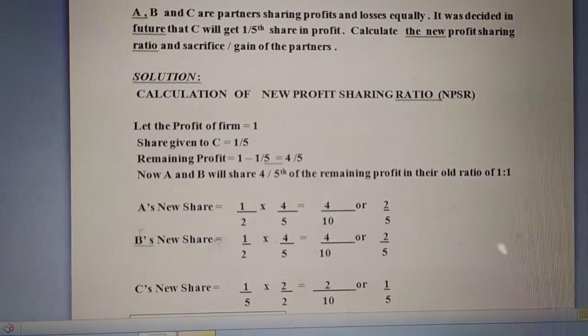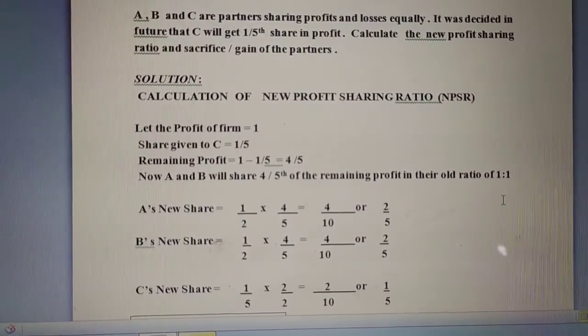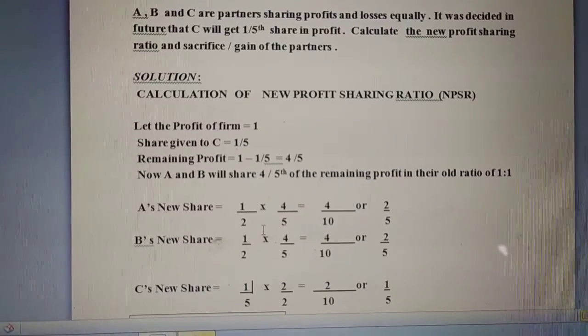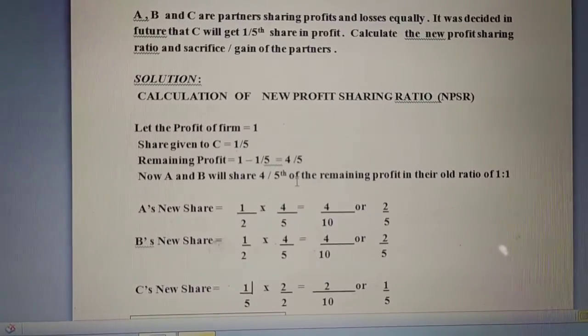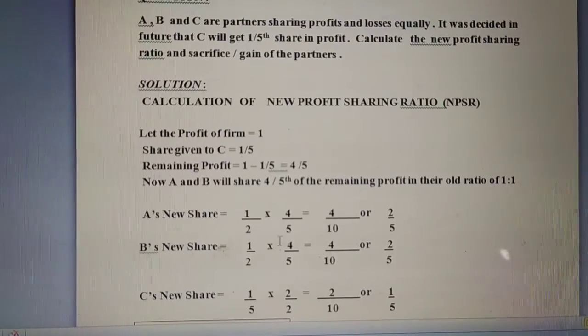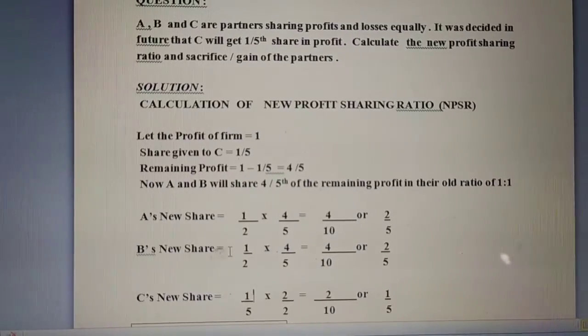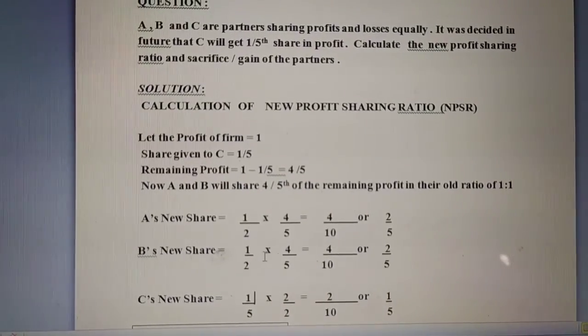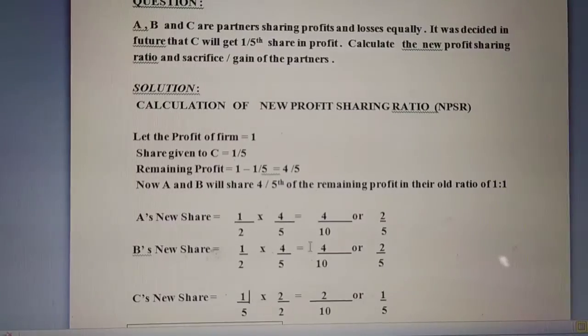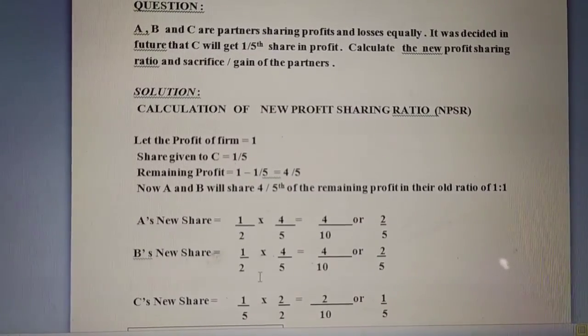So A's new share will be, his old share was 1:1, means 1/2, multiplied by the remaining share, that is 4/5. You will get 4/10. In the same manner, B's new share, old ratio is 1/2 multiplied by the remaining share 4/5, you will get 4/10. C's share is given in the question, 1/5.